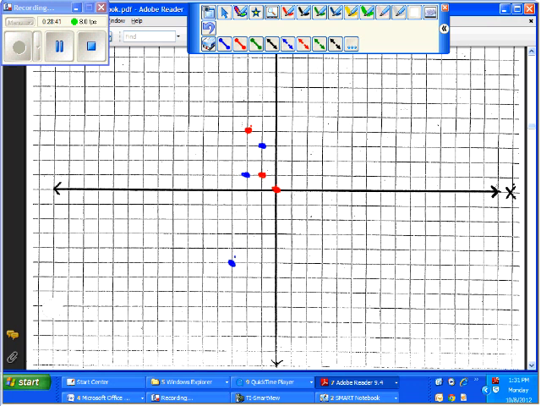The next parent function point started at 1, 1, and it ended up at 0, 1. The next parent function point started at 2, 4, and it ended up at 1, negative 5.